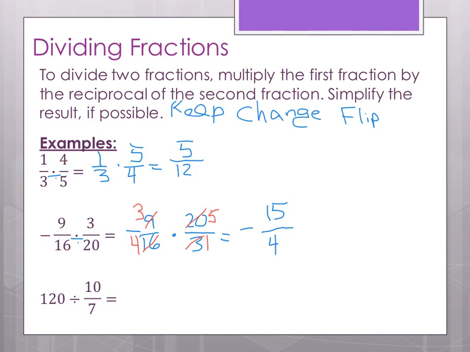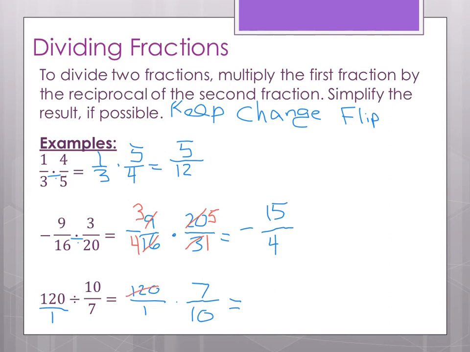Last example, 120 divided by 10/7. Now, when I have a fraction, I want to write all numbers as fractions. So I'll write 120 over 1 to imagine that as a fraction. Keep the first. Change to multiplication. And flip the second, so I'll get 7 over 10. All right, I could multiply now, but again, I'm going to divide out common factors early. 120 and 10 are both divisible by 10, so I'll divide them both by 10.